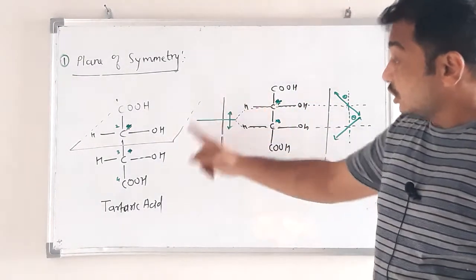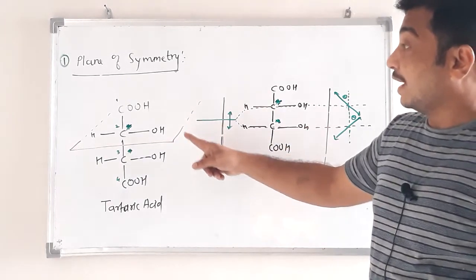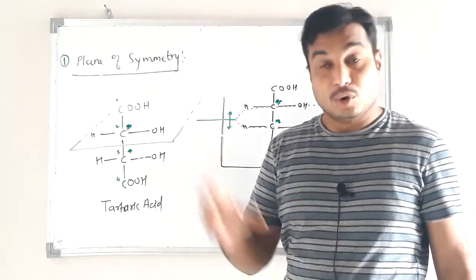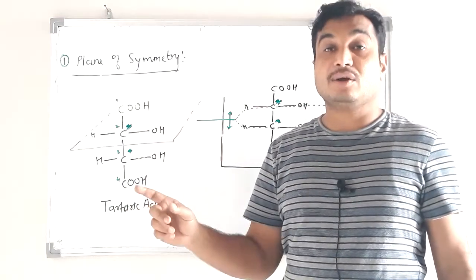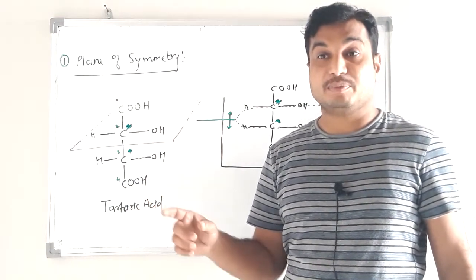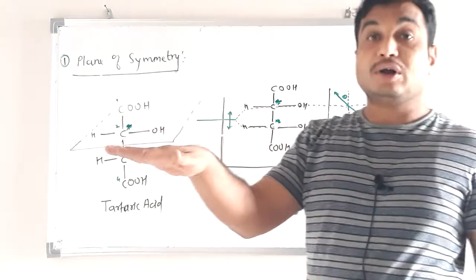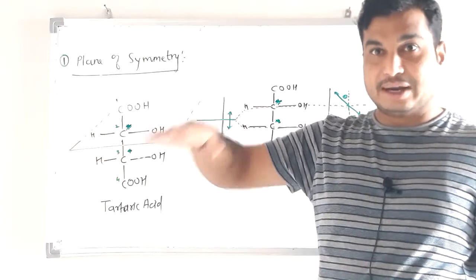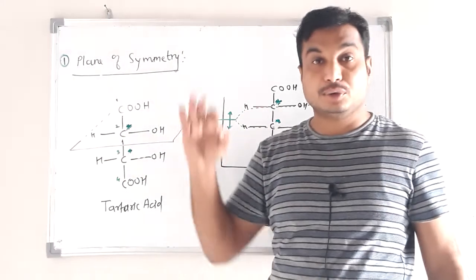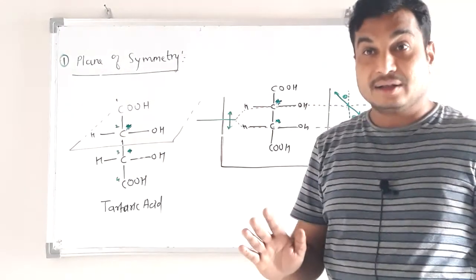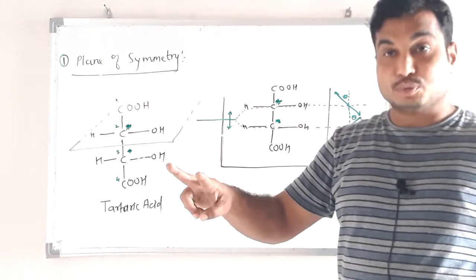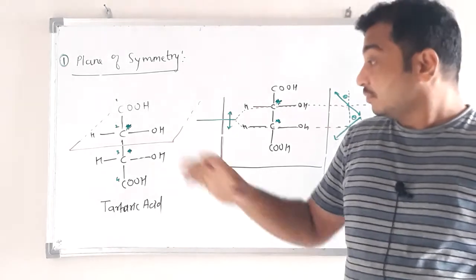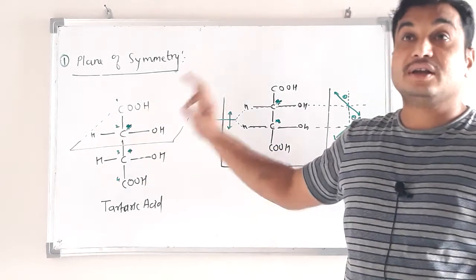So such a plane is known as a plane of symmetry. What is a plane of symmetry? The plane of symmetry is an imaginary plane which passes through the molecule, available inside the molecule, and that plane divides the molecule into two equal parts, which are mirror images of each other, and these two parts are responsible for optical inactivity.